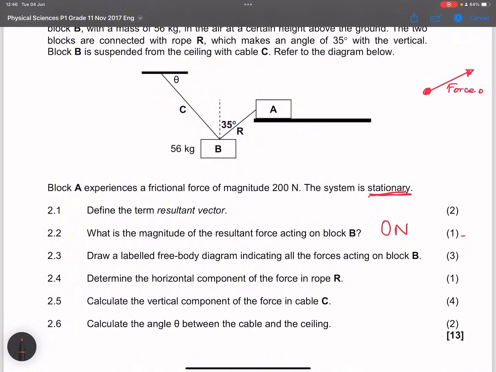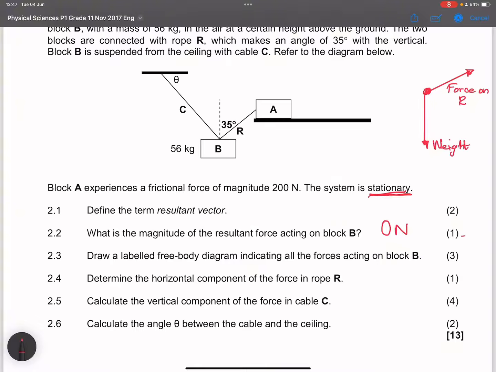Okay, force on R. And I'm going to have the gravitational force in this case, or the weight of B. So that's the weight over there.